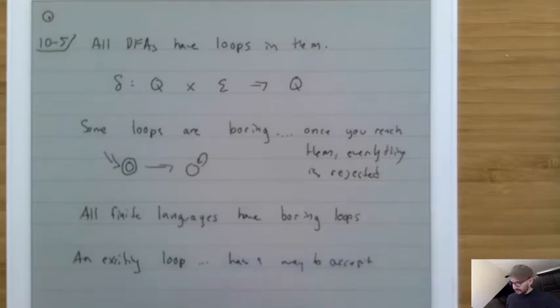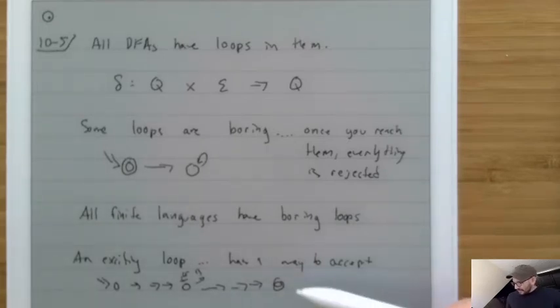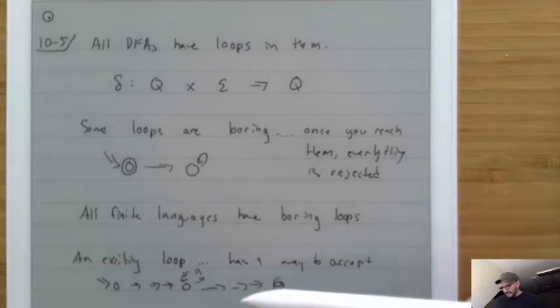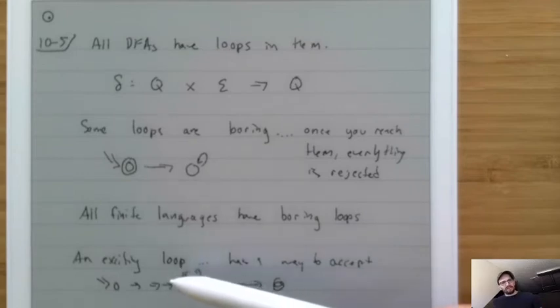So if we were to draw a picture of it, we would start, go to a bunch of stuff, get to a state, have a loop, and then there would also be a way to get to an accepting state. This is an exciting loop. And if your language has an exciting loop in it, then there are an infinite number of strings, because we could take this path and then go to the end. We could take this path and then go in the loop a few times and then go to the end. And there could be many, many times that we would go to the end. So since the existence of an exciting loop means that you're not finite, if you're finite, that means you only have boring loops.